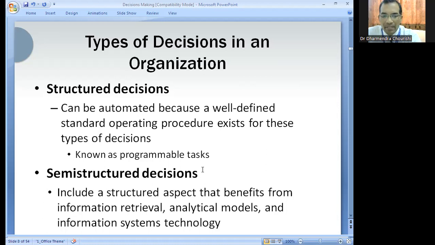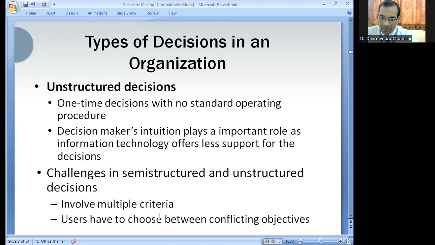Semi-structured decisions include structured aspects that benefit from information retrieval, analytical models, and information system technology. Likewise, an unstructured decision is a one-time decision with no standard operating procedure, meaning it's contemporary.